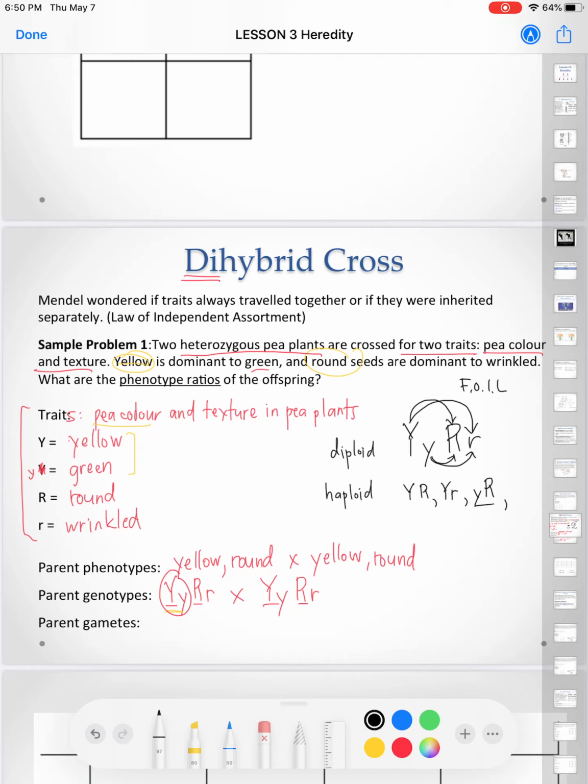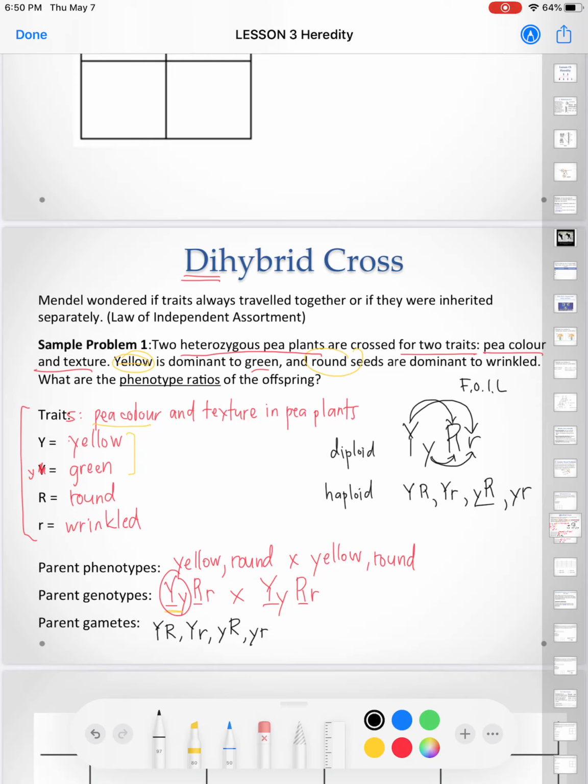So this follows kind of like the FOIL math process, as if we were multiplying through brackets. Just like that. So we can see we have 4 potential different gametes. That's crazy. So let's put that down here. You'd have to write all these down here for both parents.